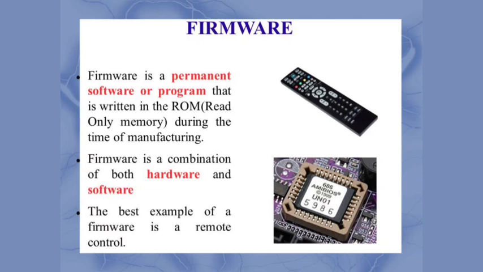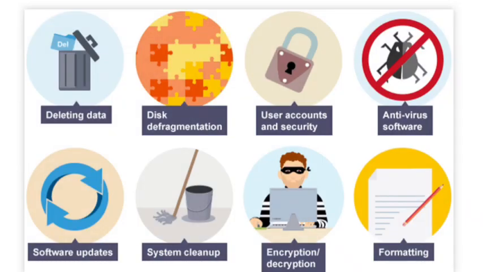We also have firmware. Firmware is a permanent software program that is majorly written in the ROM during the time of manufacturing. The firmware is basically the combination of both the hardware and the software. When you switch on and switch off your system, what is responsible for that is the firmware.